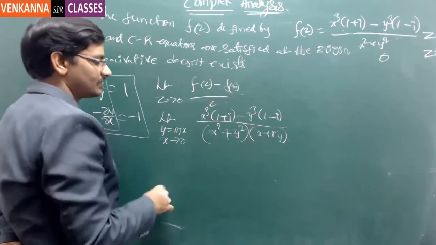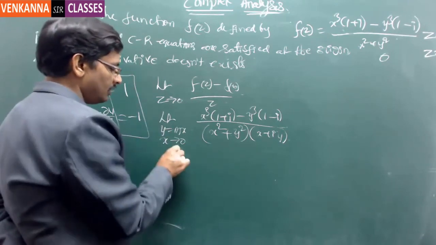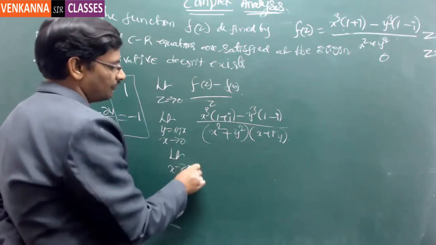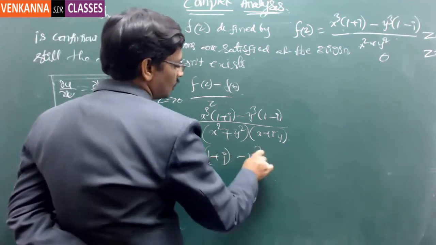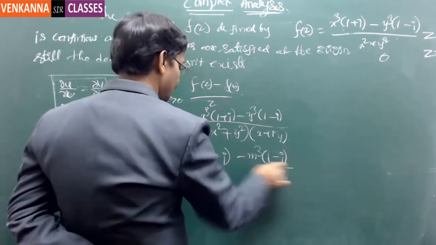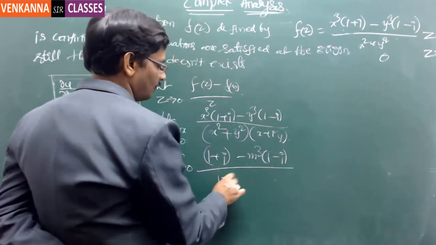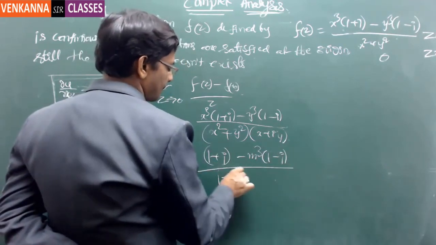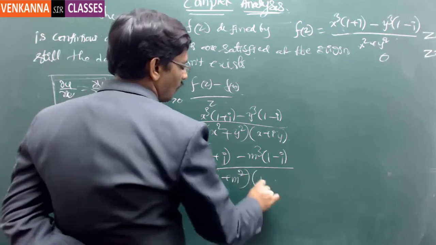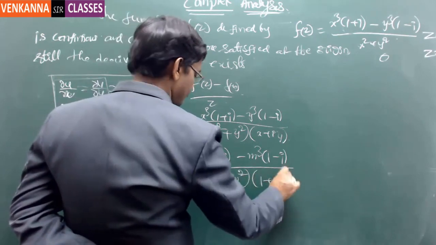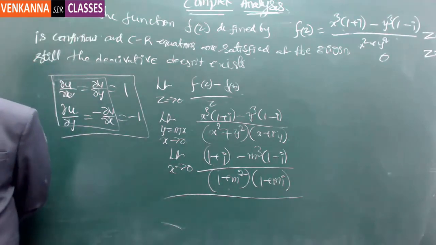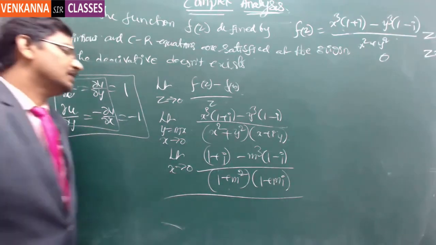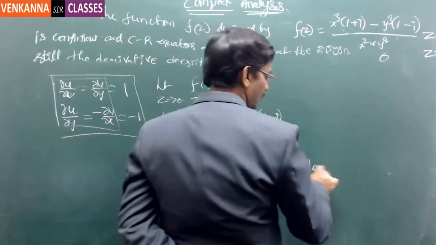So x cube will cancel out from the top and bottom. Limit x tends to 0, then this is (1 plus i) minus m cube into (1 minus i) divided by (1 plus m square) into (1 plus mi). Now if you notice, this is independent of x but is dependent on m. That means this value is dependent on m.